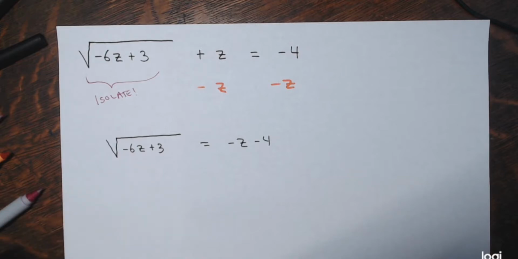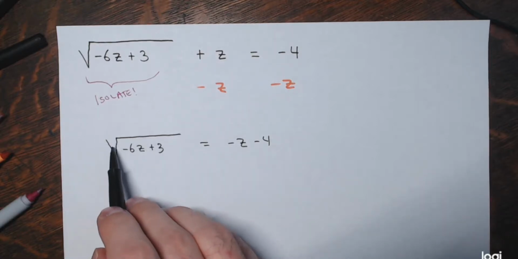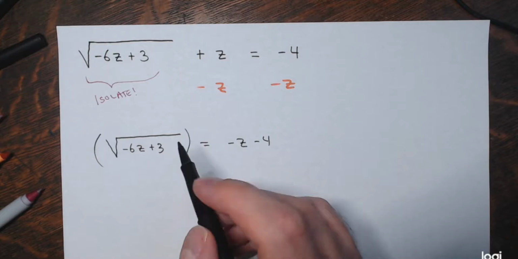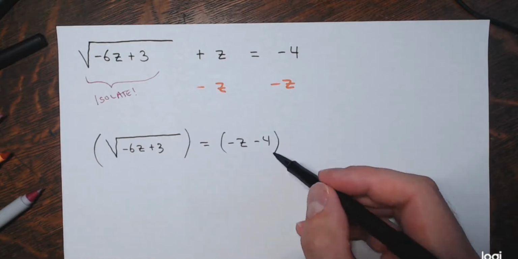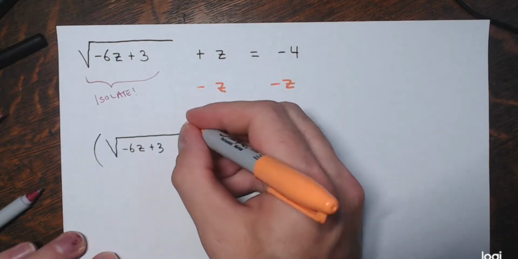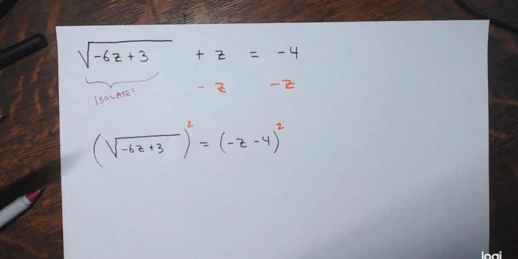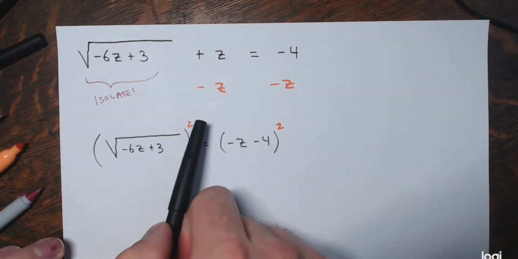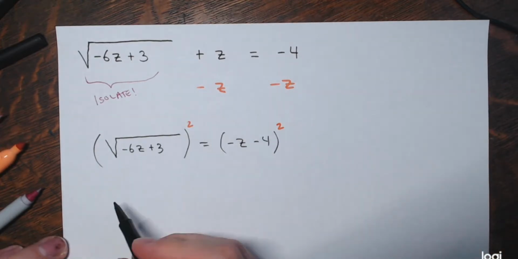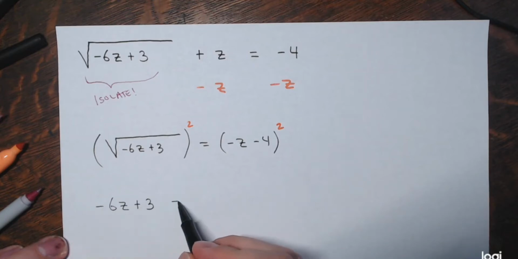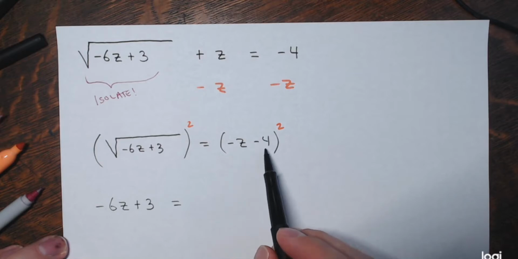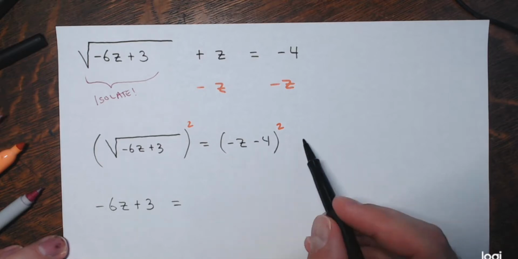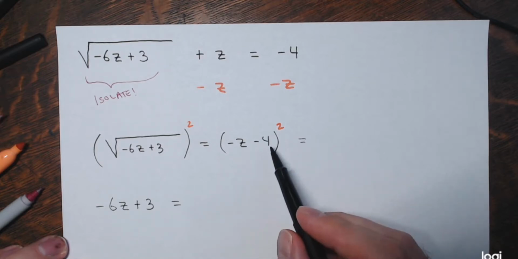Now I want to undo the radical, get rid of it, by raising both sides to a power. Because it's a square root, I will raise both sides to the second power. On the left side, that just undoes the radical, so I have negative 6z plus 3. Now the right side had multiple terms. Remember what it means to square something.